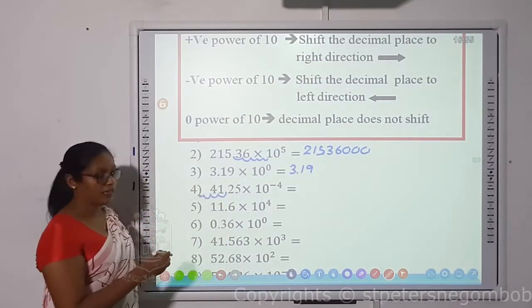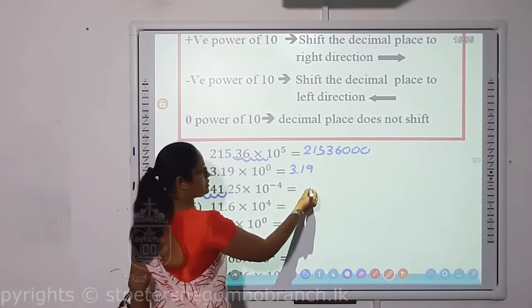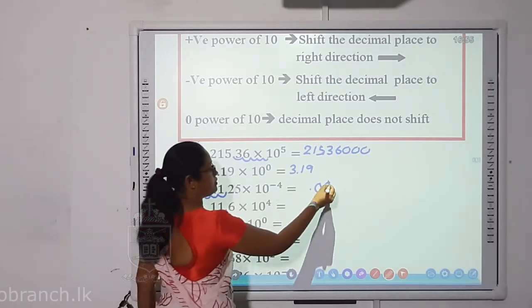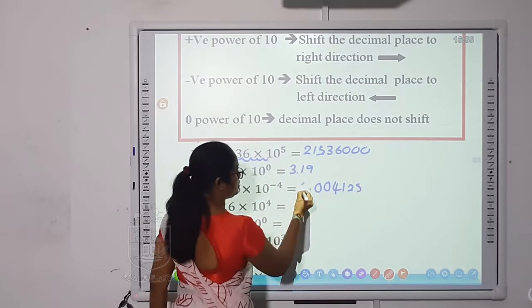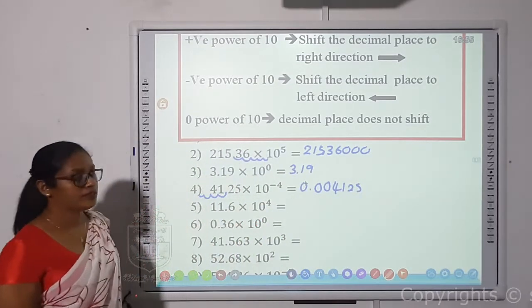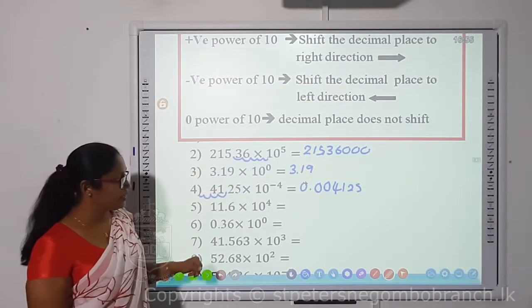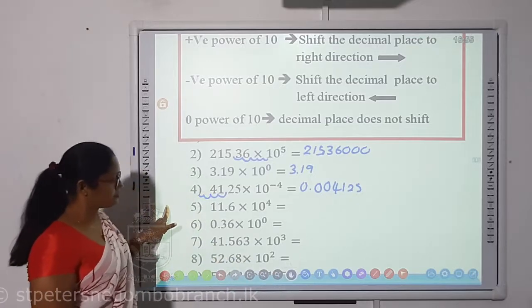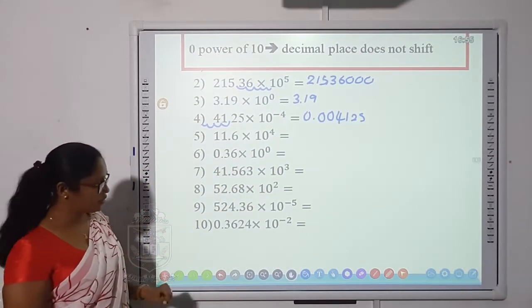So there are 2 blanks. For the 2 blanks you can put 2 zeros. So the answer is 0.00, 2 zeros, 4125. And here put 0. This is the way I just do one example for each category. So you try the balance questions. Try these balance questions.